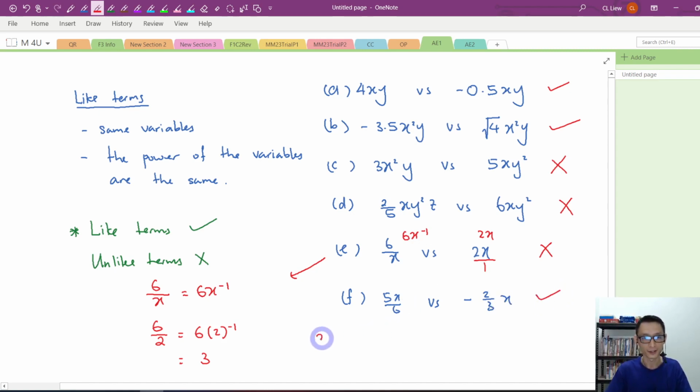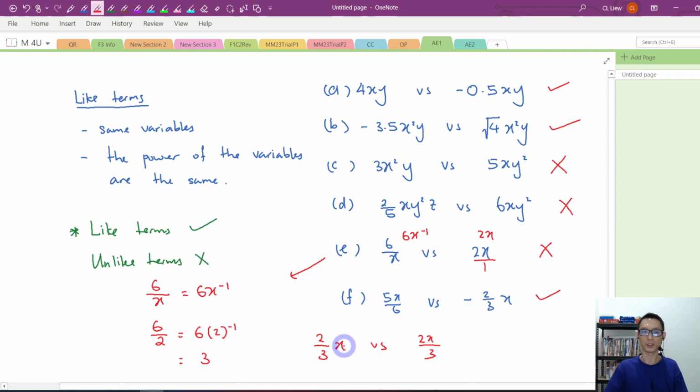Okay, 2 over 3x and 2x over 3. I cannot say that they are exactly the same. This is 2 over 3 times x, this is 2 times x over 3, but these both have exactly the same value. Now you can take out your calculator and take a try.